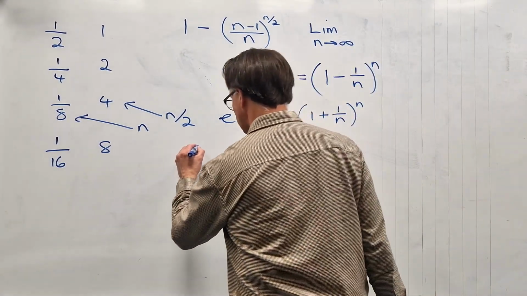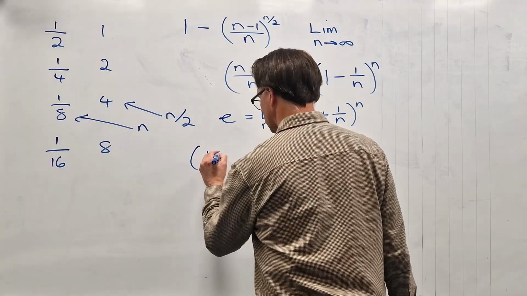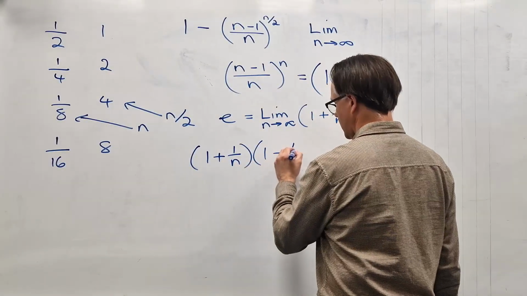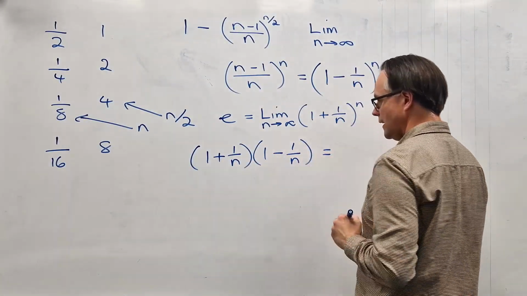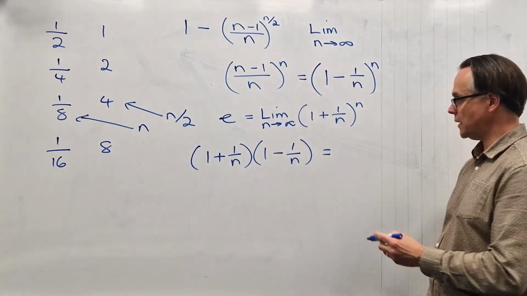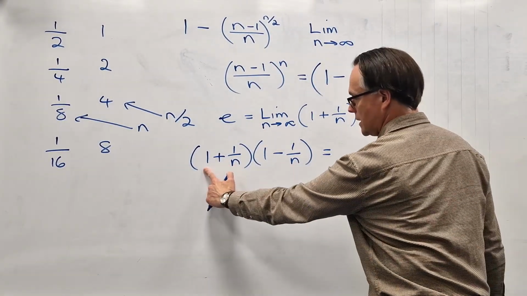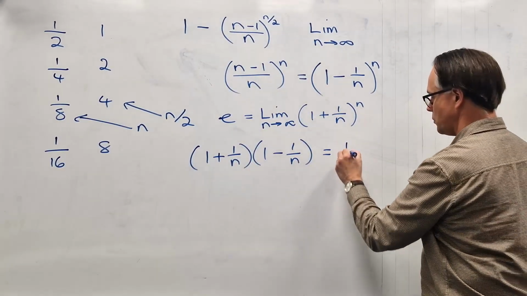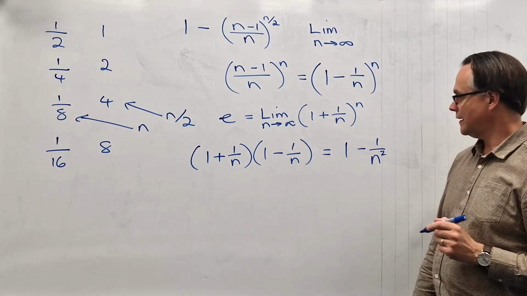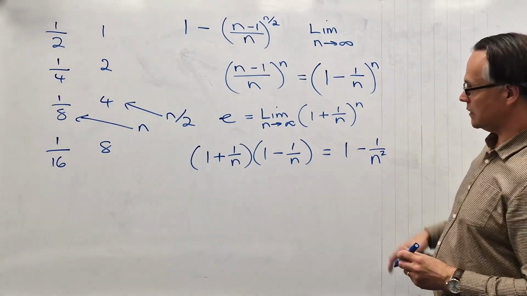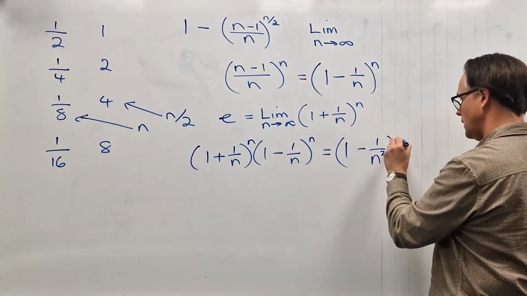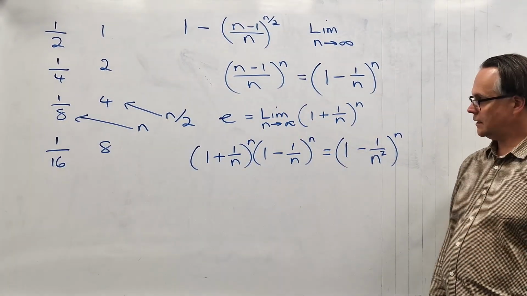Right, so we've got that multiplied by that. Now from difference of two squares, we know that that is equal to that squared minus that squared. So that's 1 minus that. Now these are to the power n, so let's put this to the power n, and that to the power n, and that to the power n.